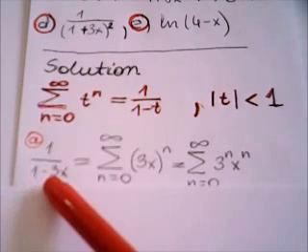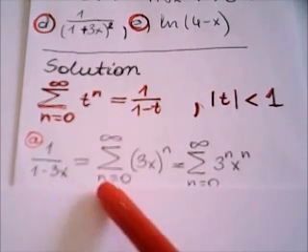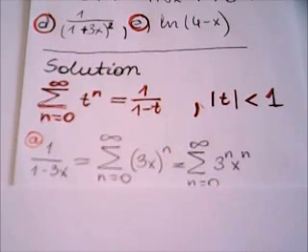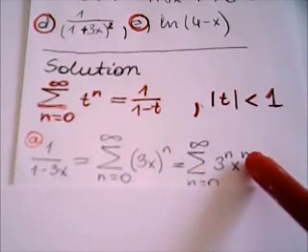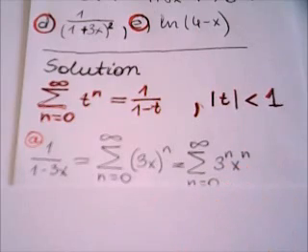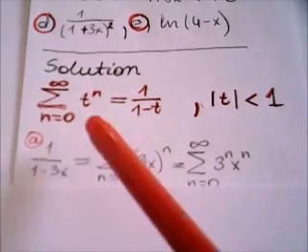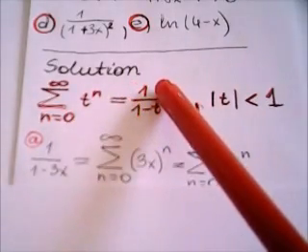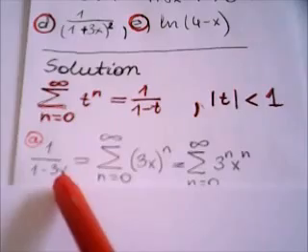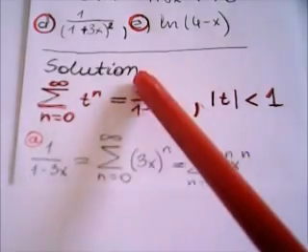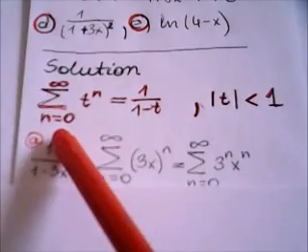One over 1 minus 3x equals the summation of 3x to the power n equals 3 to the power n x to the power n. But why? This form is very similar to this form because numerator is 1 and numerator is 1.